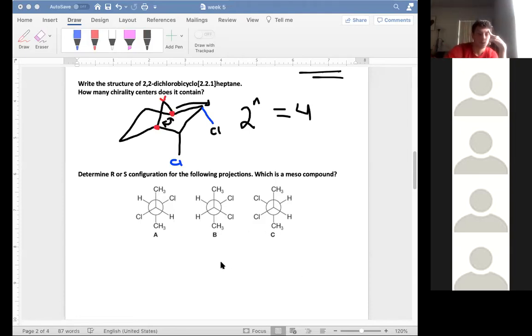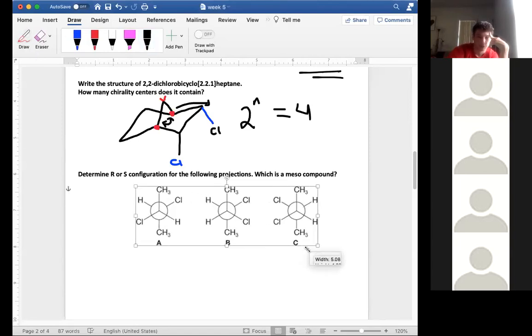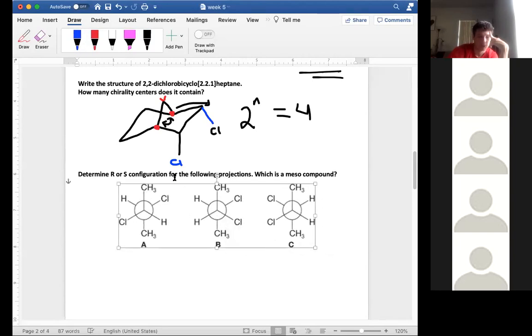One thing, I see this every semester on a quiz. This came up every semester on a quiz almost identically. So what I would do is I would rotate, right? If you were to rotate the front carbon, let's say the one on the right, if you were to rotate this front carbon 180 degrees, your Cls, everything, it would become eclipsed. Does everybody see that? Things are becoming in line with each other, right?